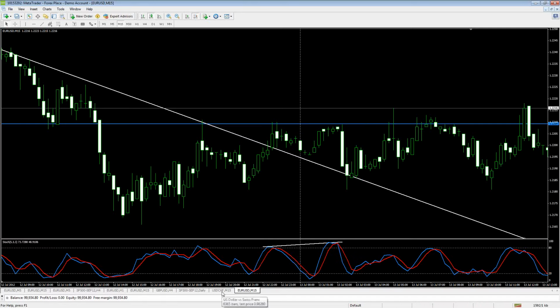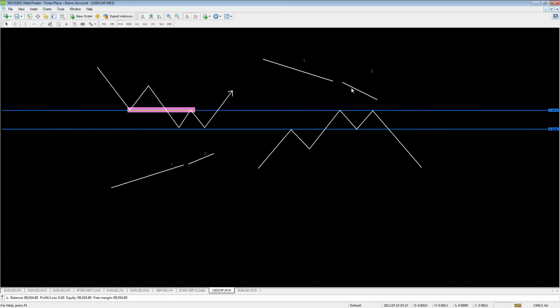You may see either a regular bearish divergence, just like here. This is a regular bearish divergence. Let me remove these. This is a classic bearish divergence. High retracement, another high, the same height, and the indicator gives us a divergence. In this case, a classic bearish divergence.